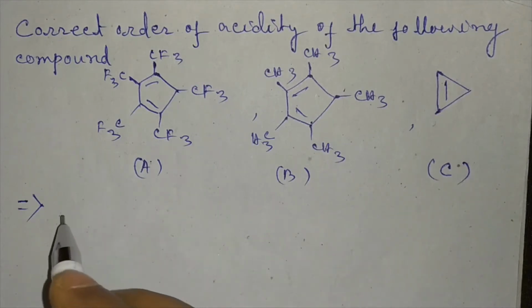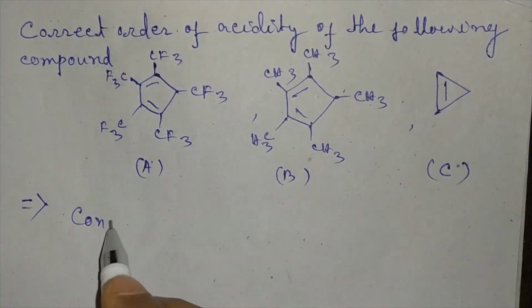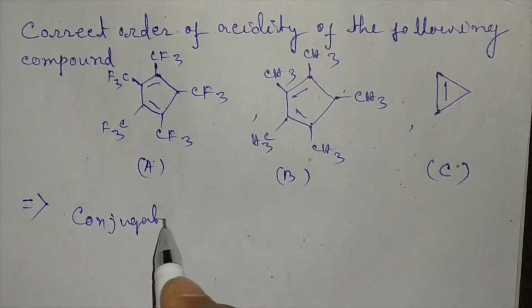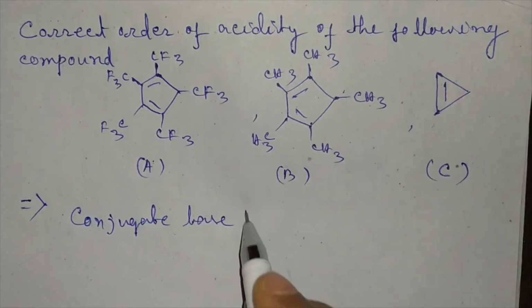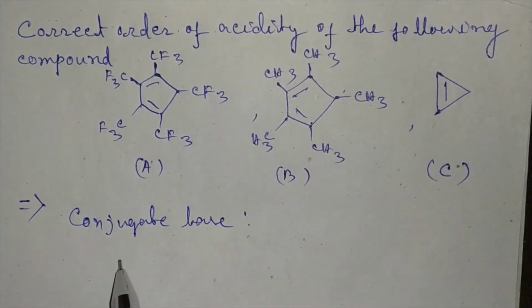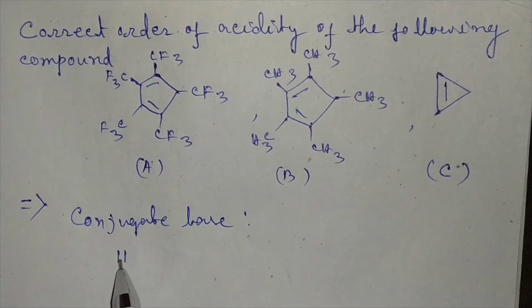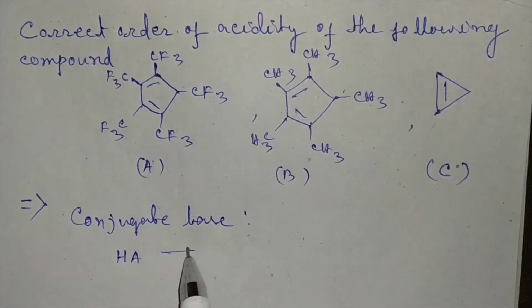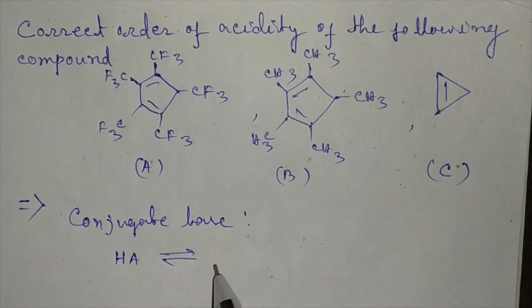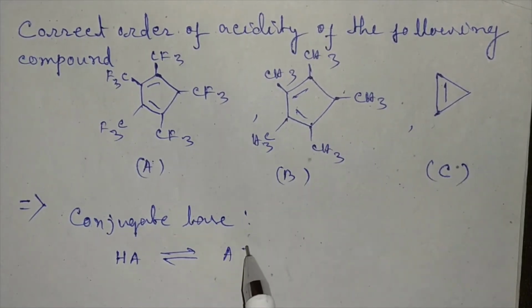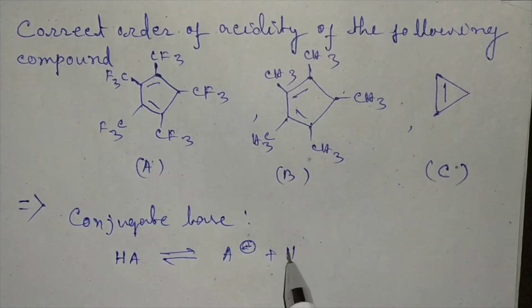So first, what is a conjugate base? Generally, an acid which we can represent as HA is in equilibrium with its conjugate base, that is A minus plus H plus.